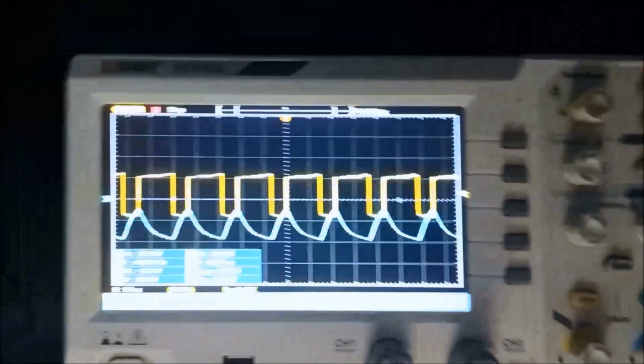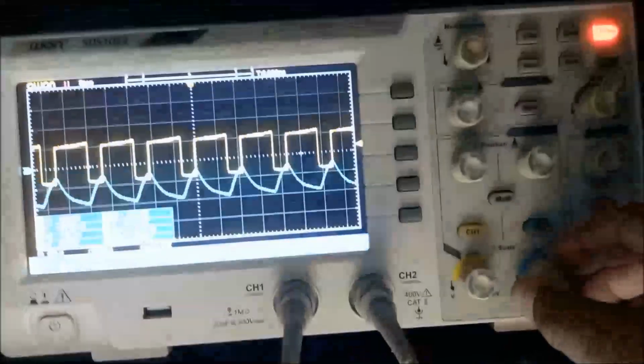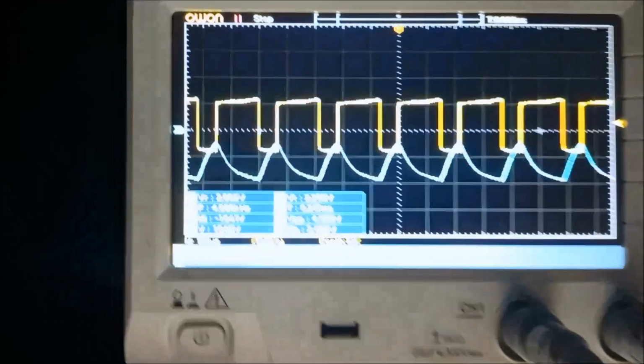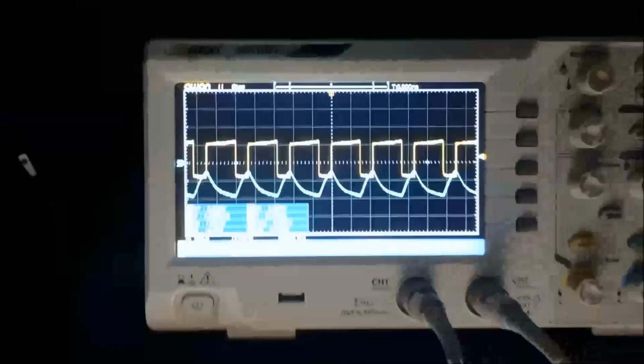Let us screenshot the wave. We are using 2 volts per division.